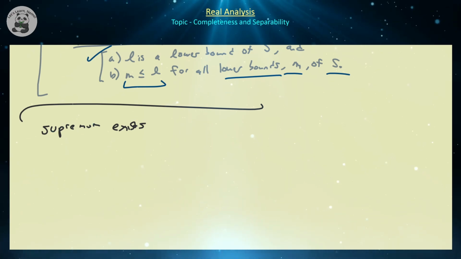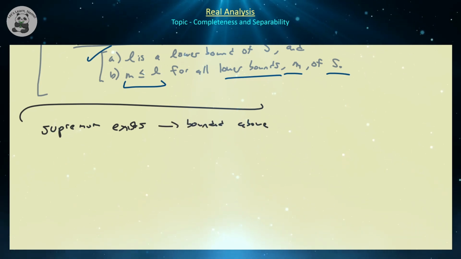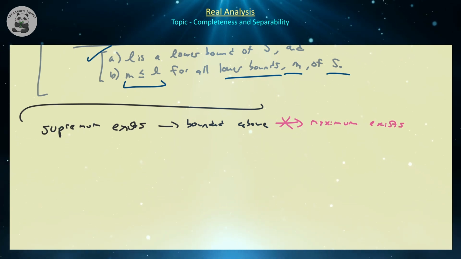Since it has a least upper bound, it has an upper bound, which means that it's bounded above, right? But just because it's bounded above does not necessarily imply that a maximum exists, because keep in mind, a supremum and an upper bound need not belong to that set, and maximums have to belong to that set for it to be called a maximum.